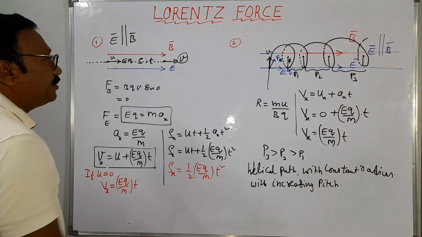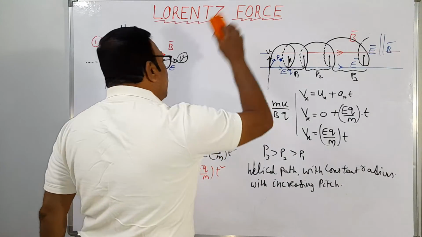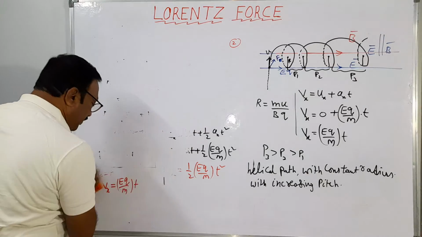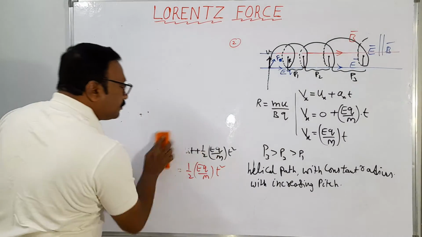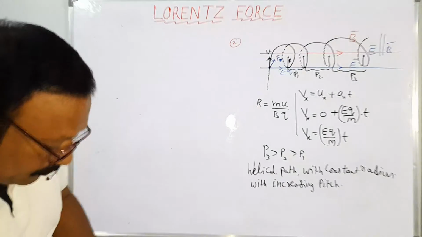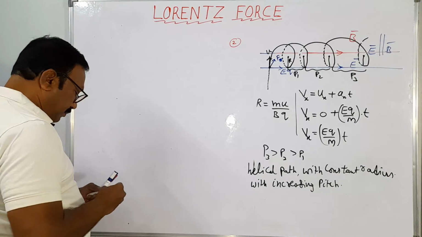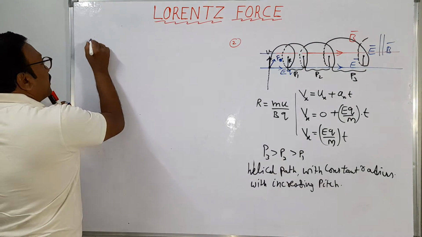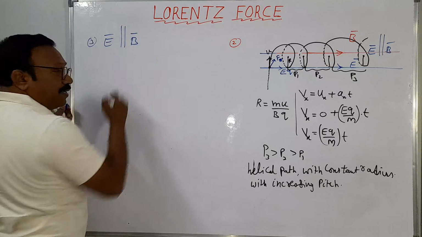Next I will take the case where the particle is not entering with velocity u perpendicular, but enters at some angle. We'll see what happens now. So, no doubt, again in the third case also the electric field is parallel to the magnetic field.